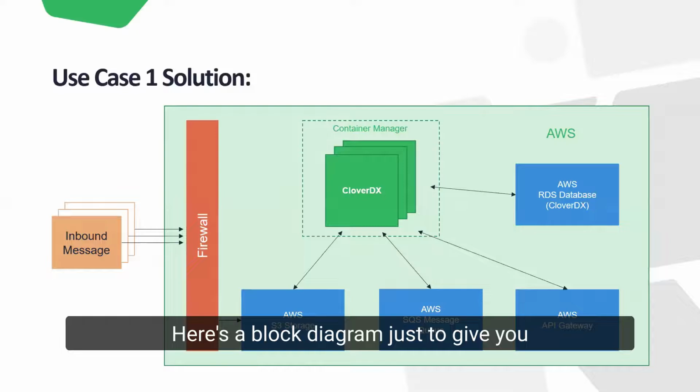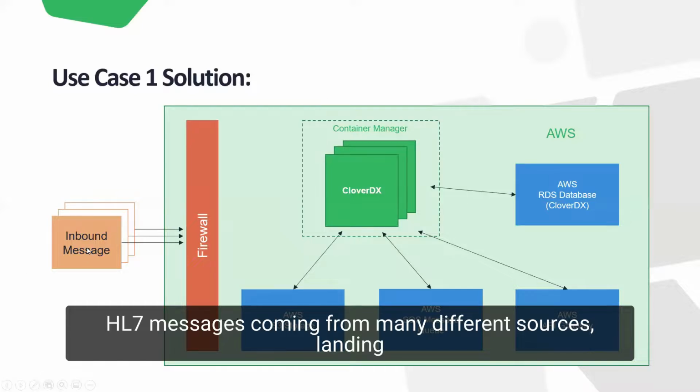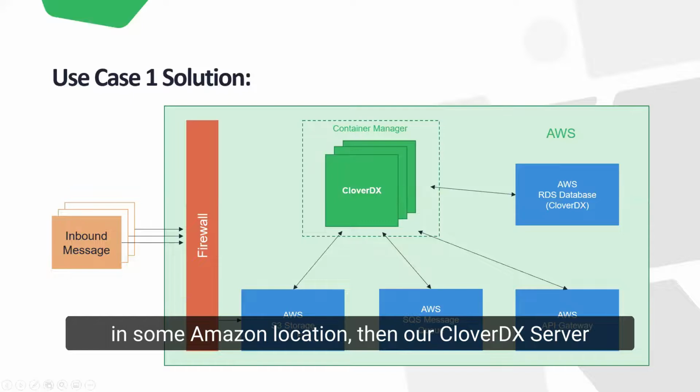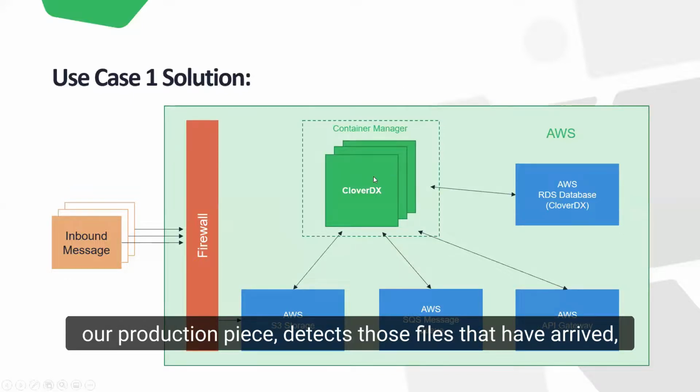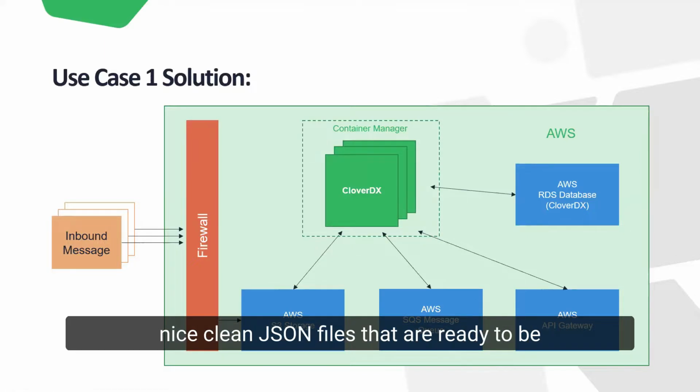Here's a block diagram just to give you a sense of what everything looks like once it gets moved into the cloud. HL7 messages coming from many, many different sources, landing in some Amazon location. Then our CloverDX server, our production piece, detects those files that have arrived, picks them up, runs the mapping using the Excel files that I just showed you, and produces some nice clean JSON files that are ready to be pushed into the analytical warehouse.